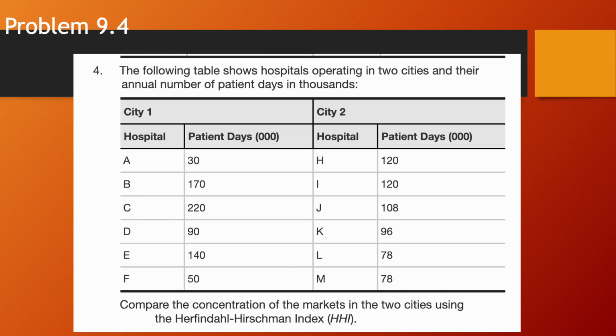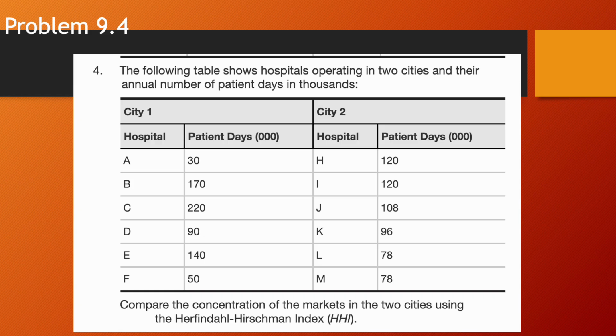So this is the listed problem above. One of the first things that we would like to do when we approach this problem is add up all the total patient days for each of the cities. So we'll start out with city 1, where we have hospitals A through F. We'd add each of the patient days together, and you do the same for city 2.